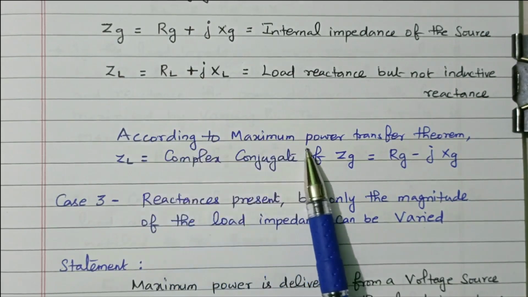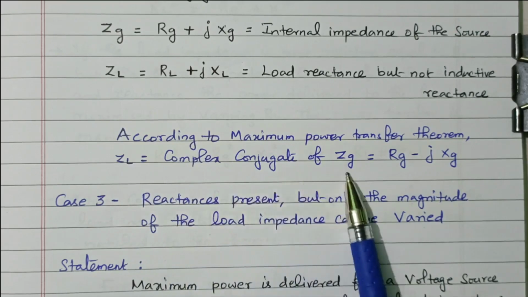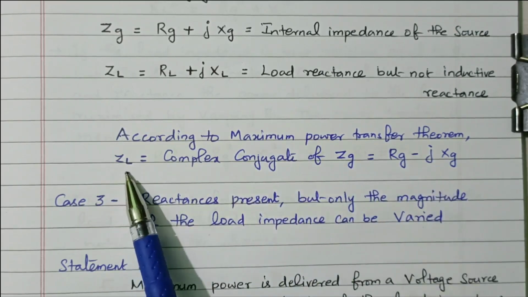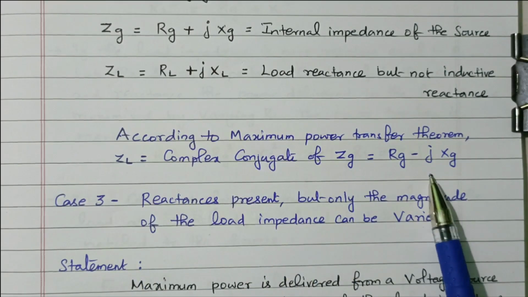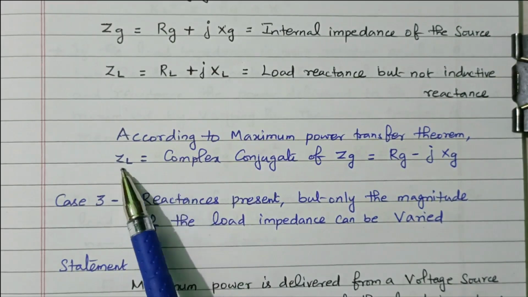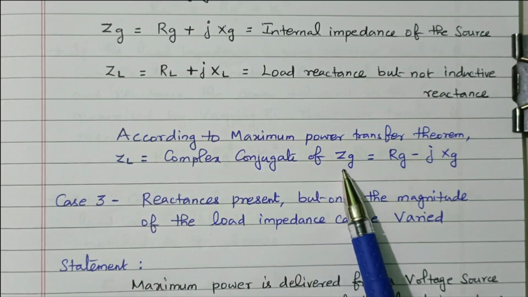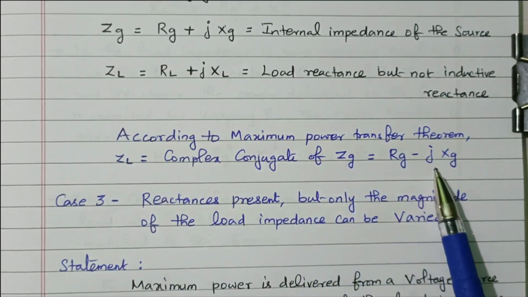According to the maximum power transfer theorem, ZL equals the complex conjugate of Zg, that is Rg minus jXg, right? So ZL equals Zg, but complex conjugated. In the previous case, Rg equaled RL, the load resistance equal to the internal resistance. Here the load impedance equals the internal impedance, but complex conjugated, Rg minus jXg.